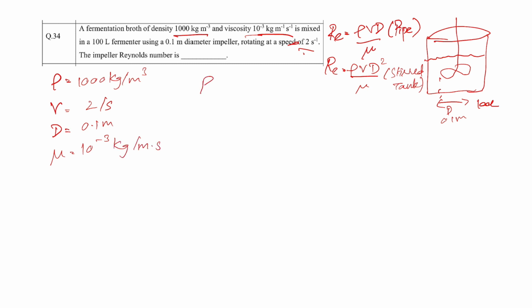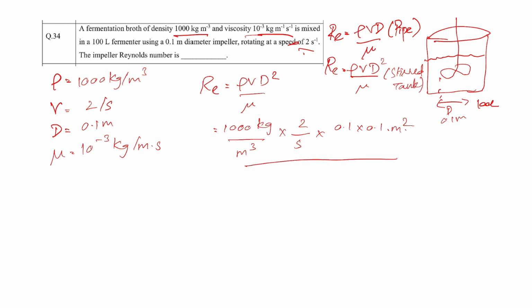Applying all these in our equation, we have 1000 kilograms per meter cube into v is 2 per second, and d squared is 0.1 into 0.1 meter squared, divided by mu, which is 10 power minus 3 kilograms per meter second.